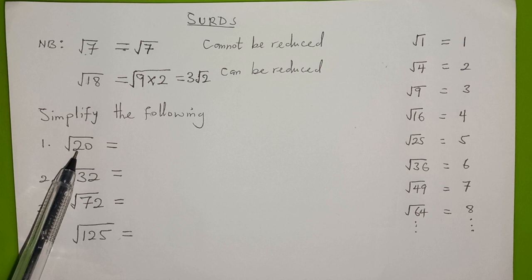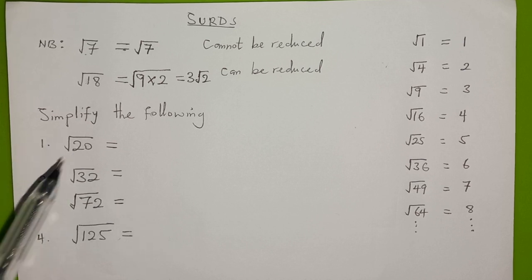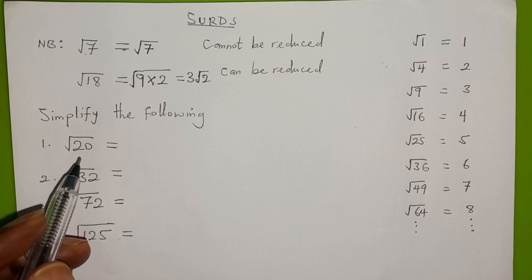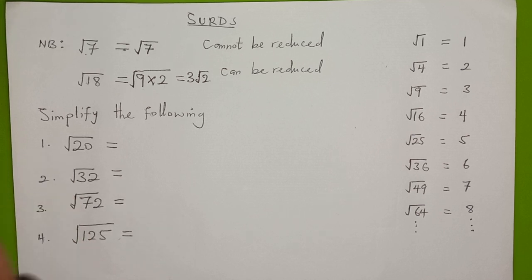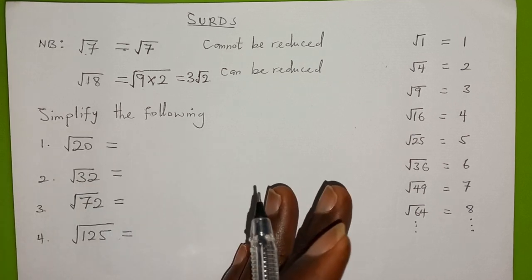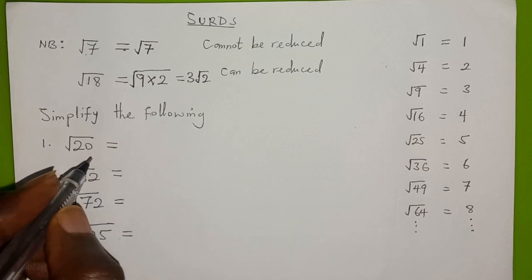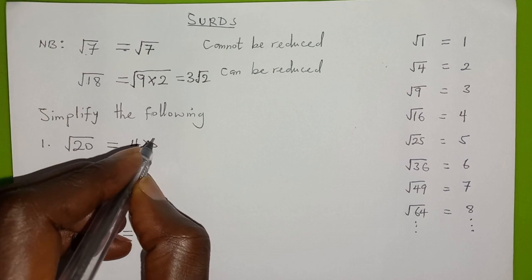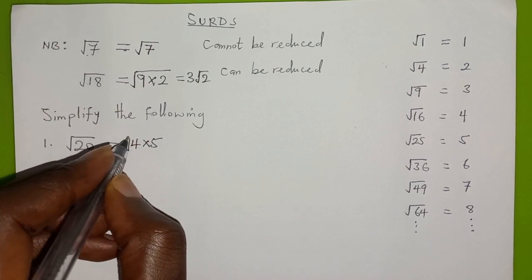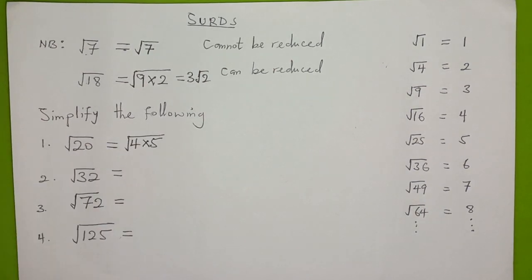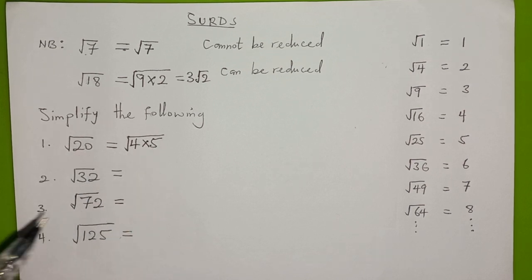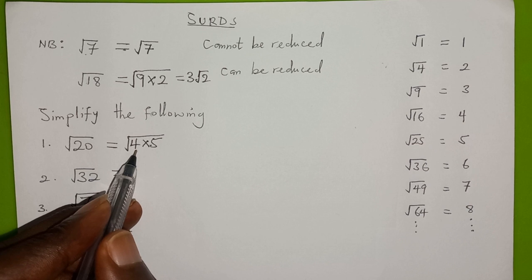We can break the 20 down into a perfect square and any other integer, and that can be done by multiplying 4 by 5, the square root of that. 4 by 5 is 20, and 4 is a perfect square, so we can reduce this.